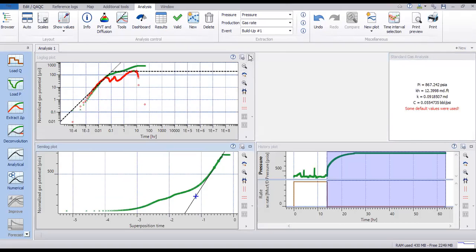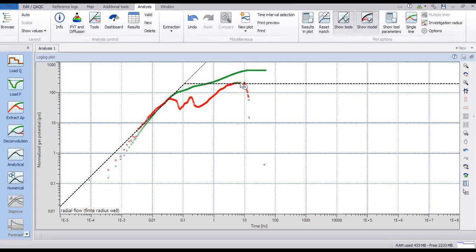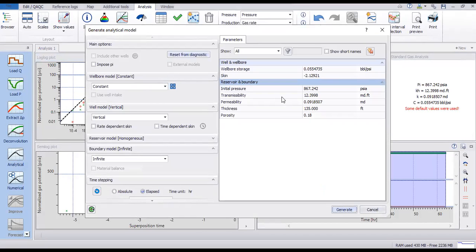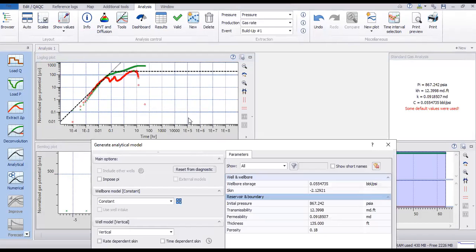Okay, so that will be the basis for my permeability calculation, and then I will go to analytical, and the permeability at that location is very small, 0.09, and from this drop of the derivative, I conclude that it's because of constant pressure.